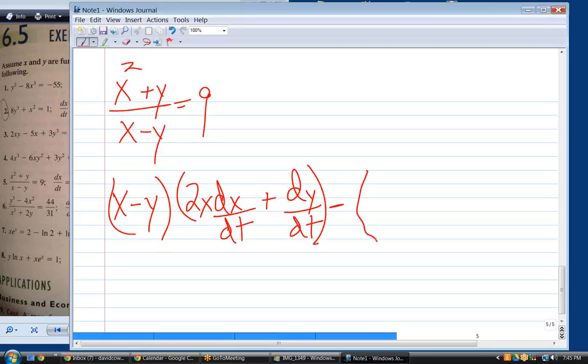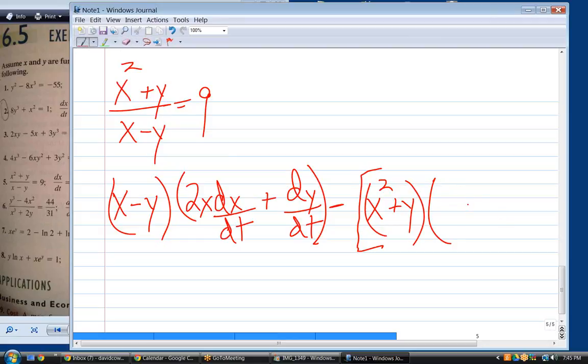Then minus x squared plus y, and let me use parentheses there, times dx over dt.